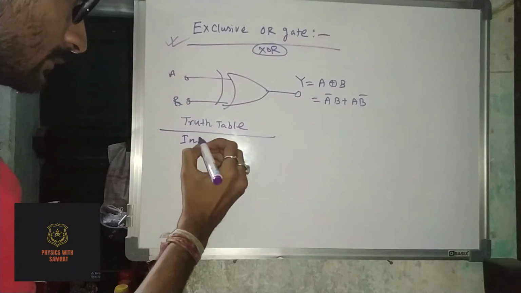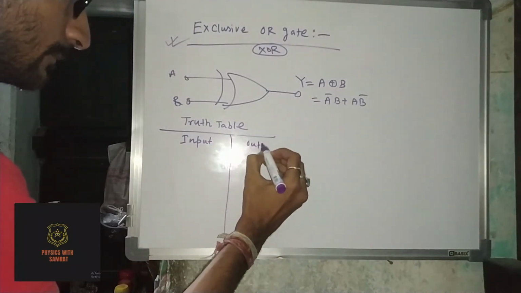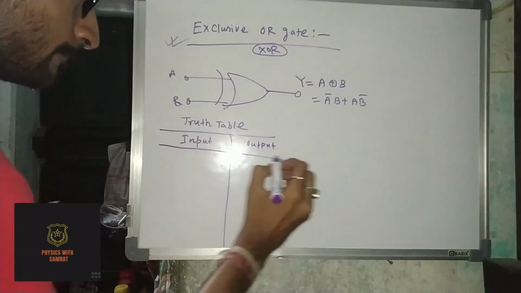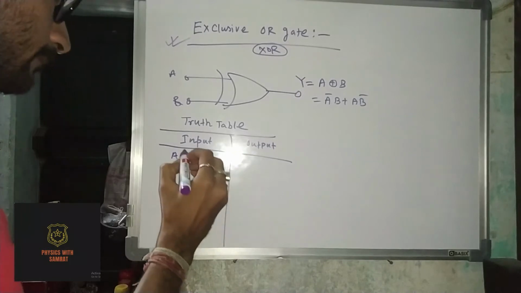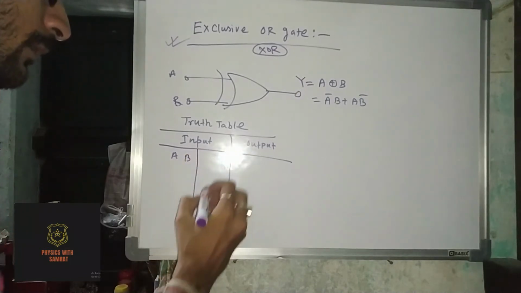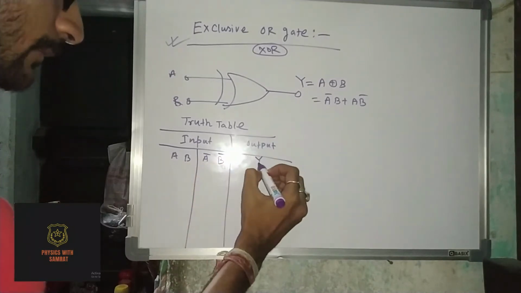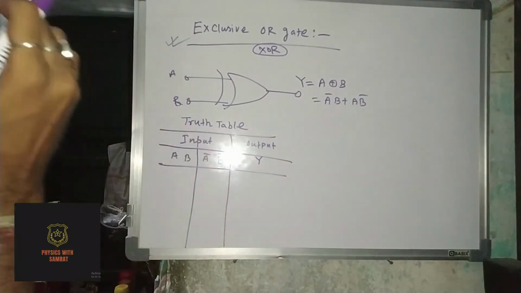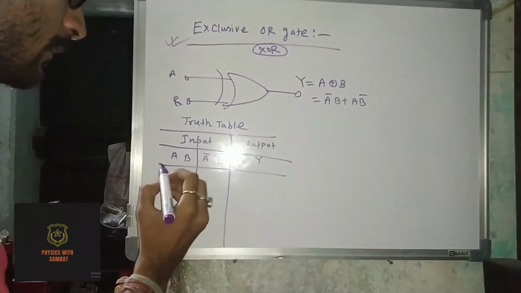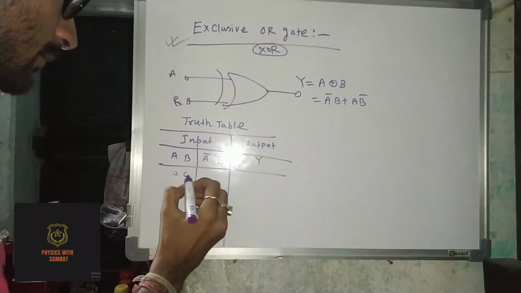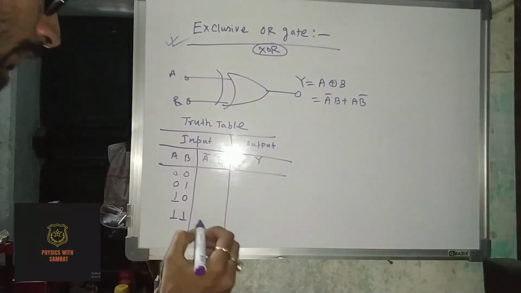These are the inputs and outputs. Okay, A, B, A bar, B bar. Okay, for simplification I am writing A bar, B bar in another column. Okay, 0 0, 0 1, 1 0, 1 1.